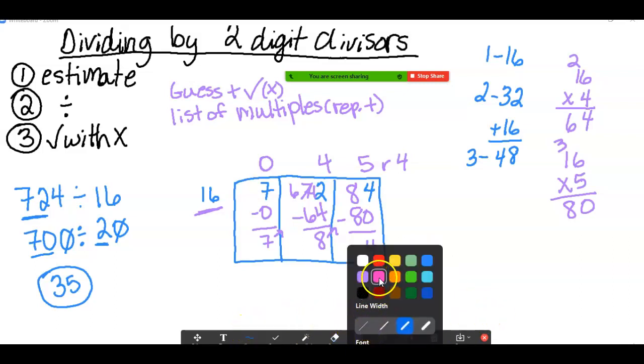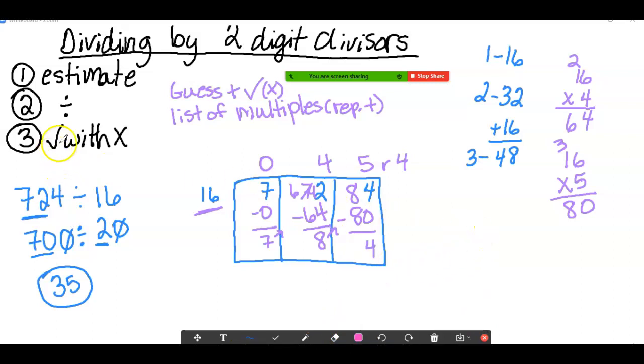Okay, so I'm going to give myself just a little bit of room over here, and now we're going to do the third step, which is check with multiplication. So I take my quotient times my divisor. 6 times 5 is 30. 6 times 4 is 24, plus 3 is 27.